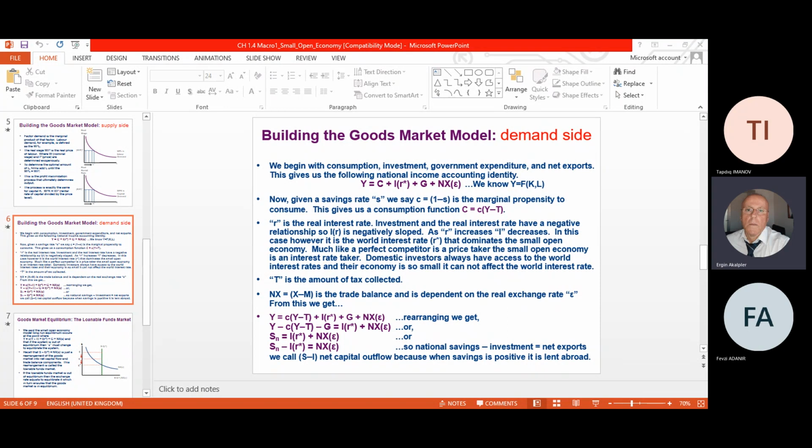And the nominal interest rate is supposed to be equal to the inflation. I don't know if you know the Fisher equation. The Fisher equation says nominal interest rate minus inflation should be at least zero, for not losing the value of the money.